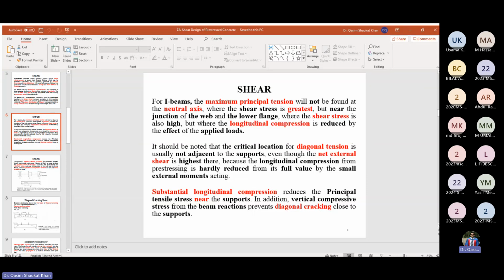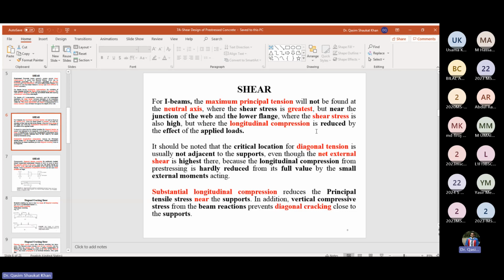So the shear stress is also high, but the longitudinal compression is reduced by the effect of the applied loads. Longitudinal compression basically means you have this pre-stressing, which is producing hog, that is tension at the top and compression at the bottom.